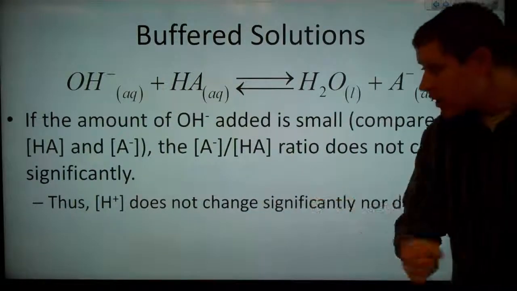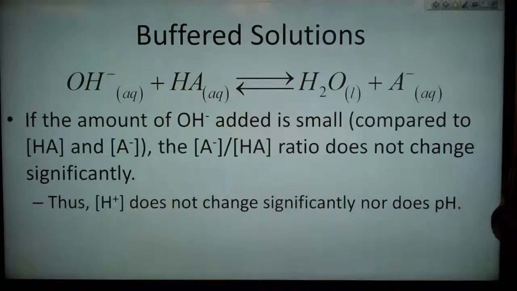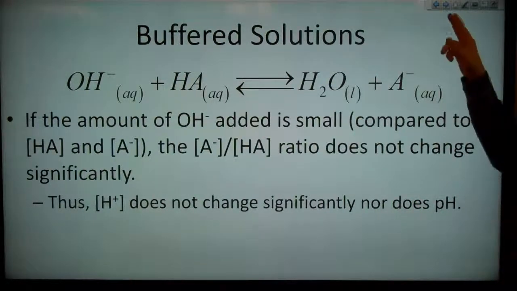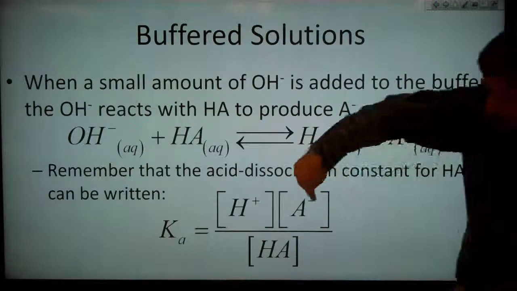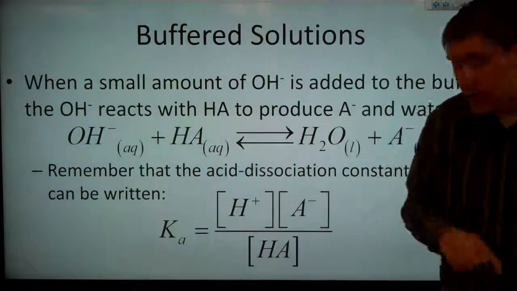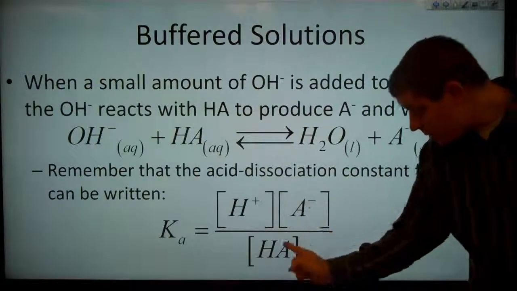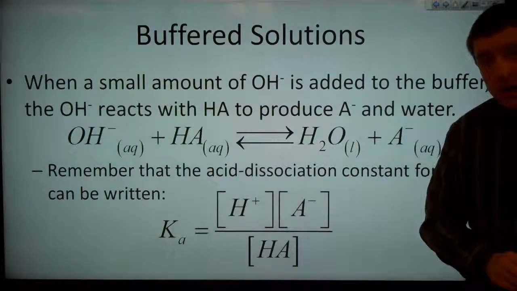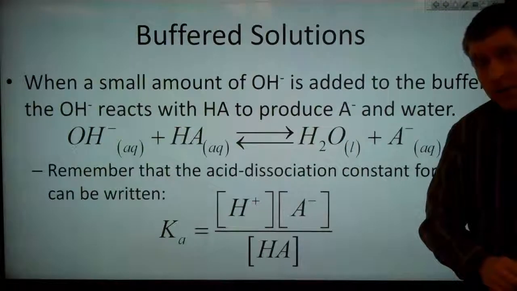This means that the hydrogen ion concentration doesn't change significantly, and neither does the pH. Because if this ratio doesn't change very much, and Ka is a constant, then the hydrogen ion concentration can't change very much.